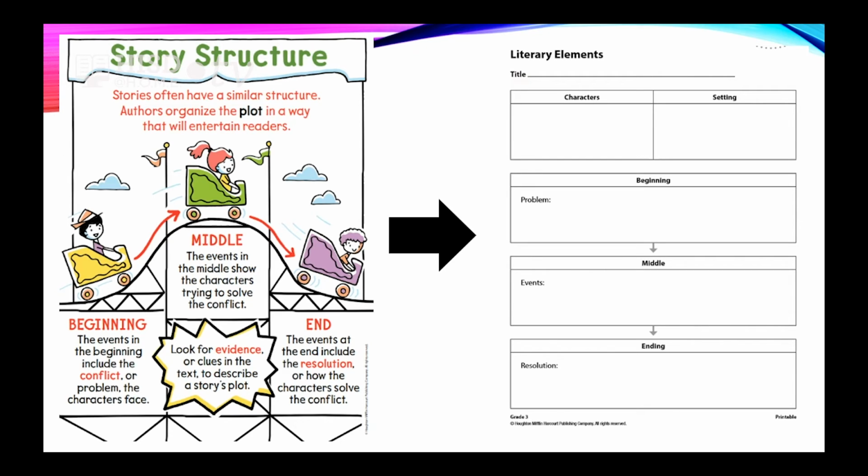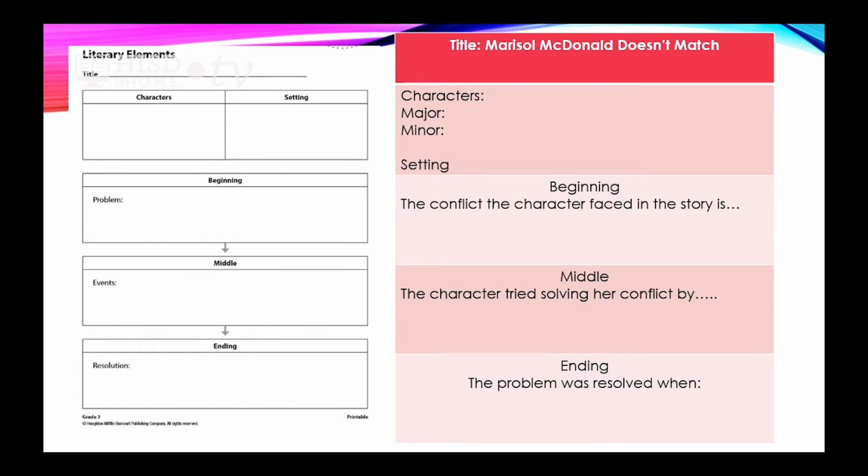Then in the end, we have the events that include the resolution, or how the characters solve the conflict. So we're going to use the following graphic organizer to help us organize the story structure or the plot of the story.